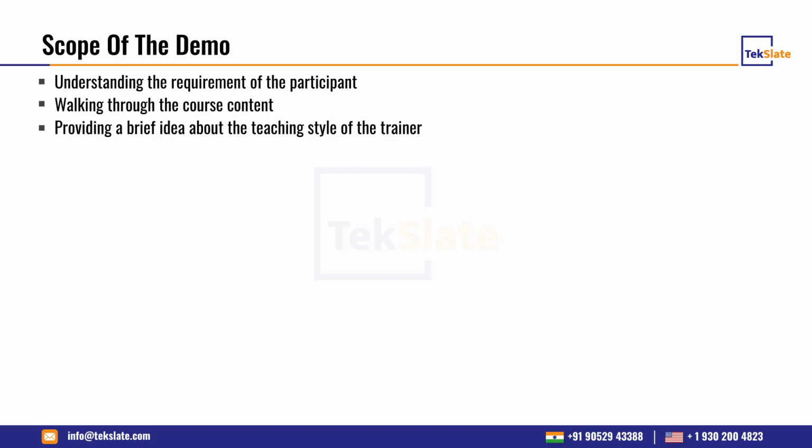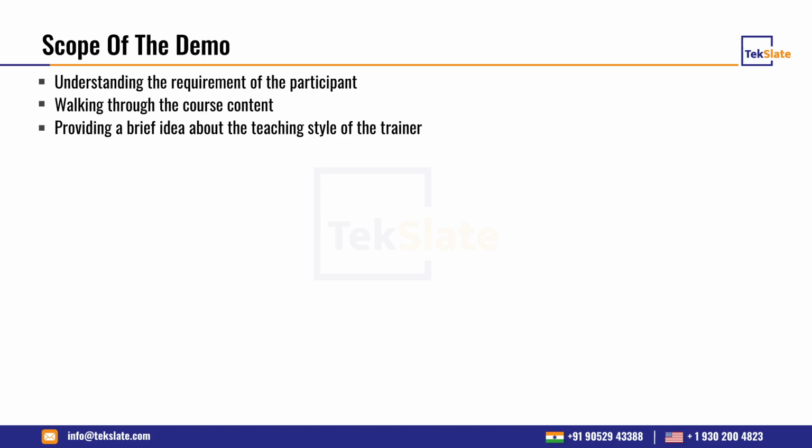When we talk about the scope of the demo, the first and foremost thing is that I understand the requirement and the background of the participant. That is, his career background, which technology he is coming from, and what knowledge he currently has.